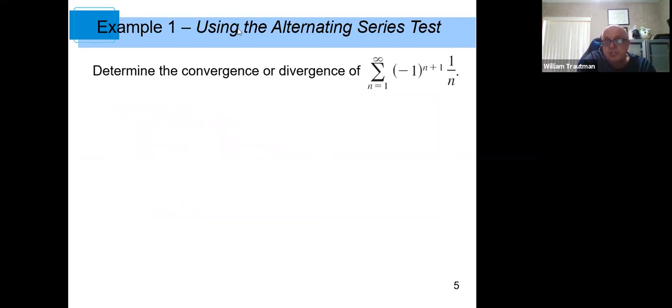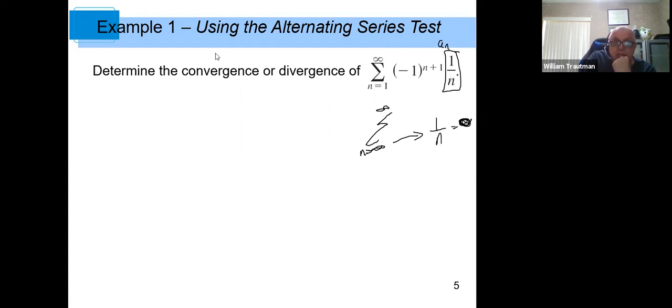Determine whether this series converges or diverges. If we just look at this series here, just the a sub n, we're going to take the limit of this 1 over n to infinity, and you see the limit approaches 0. 1 over infinity equals 0.